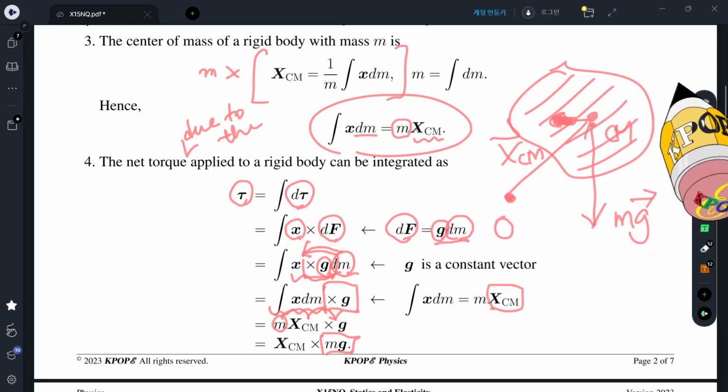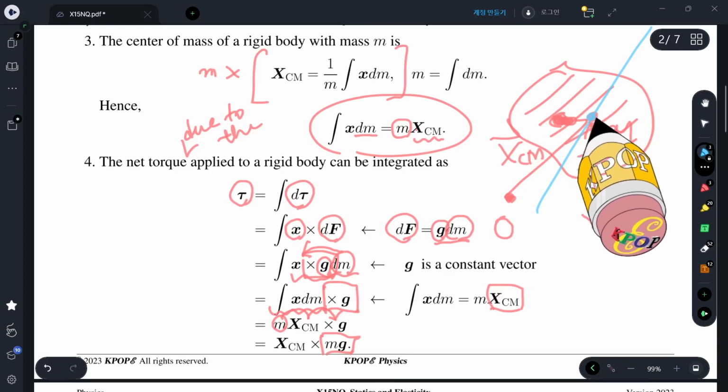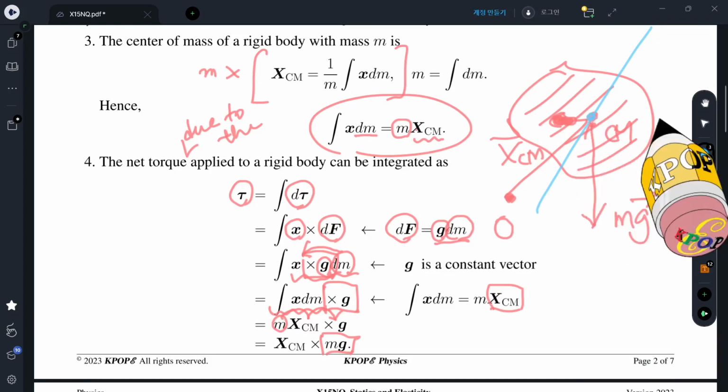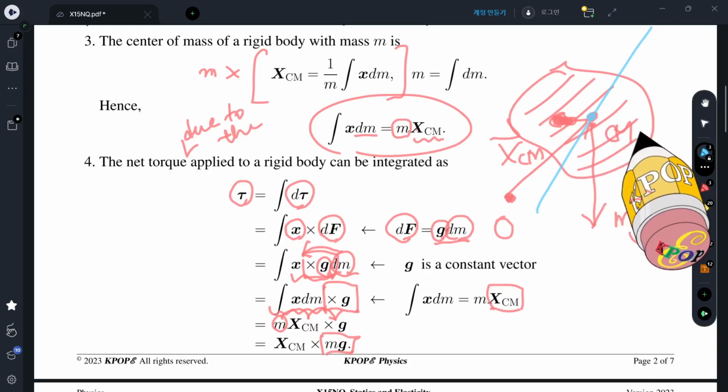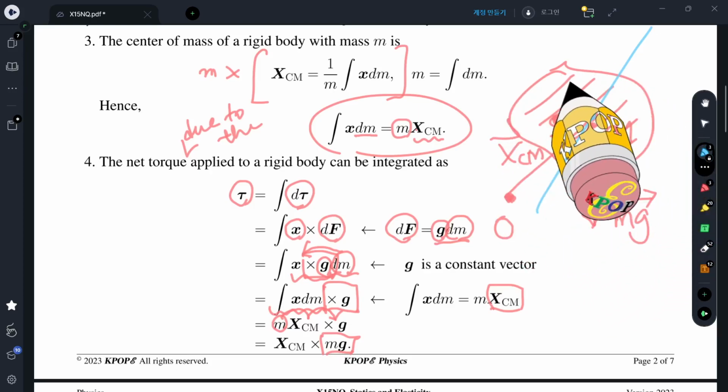So if I have an axis of rotation that passes through its center of mass, then under a constant gravitational field, a rigid body does not rotate.